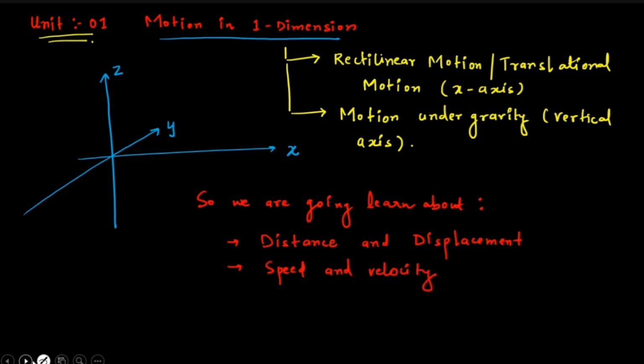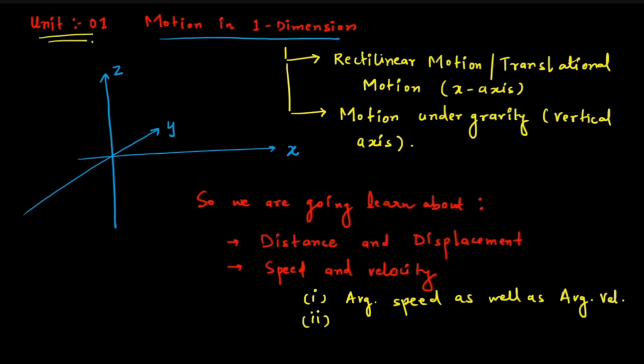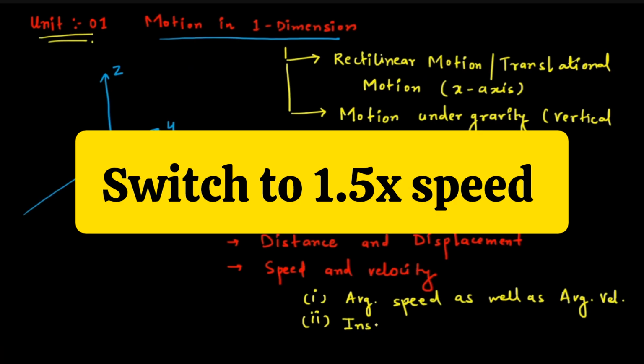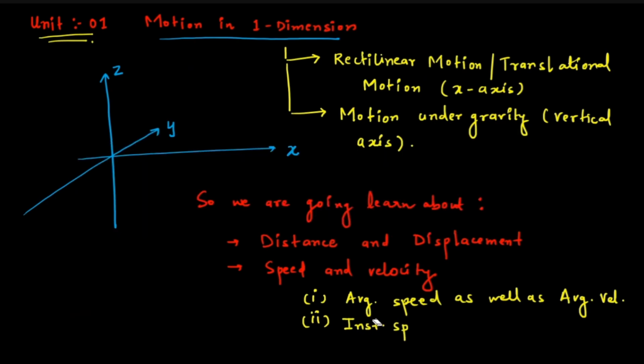This speed and velocity itself is of many types. We'll be talking about average speed as well as average velocity. We are also going to talk about instantaneous speed, and specifically, instantaneous velocity only.